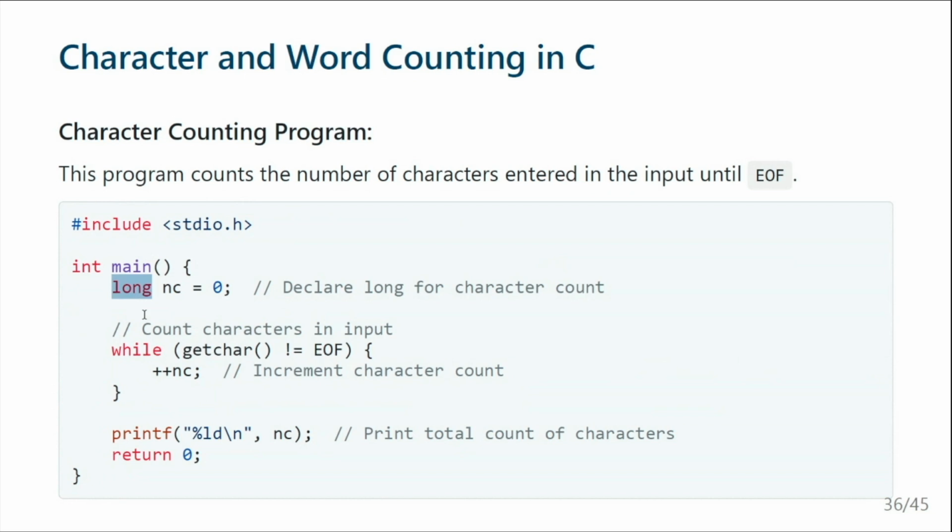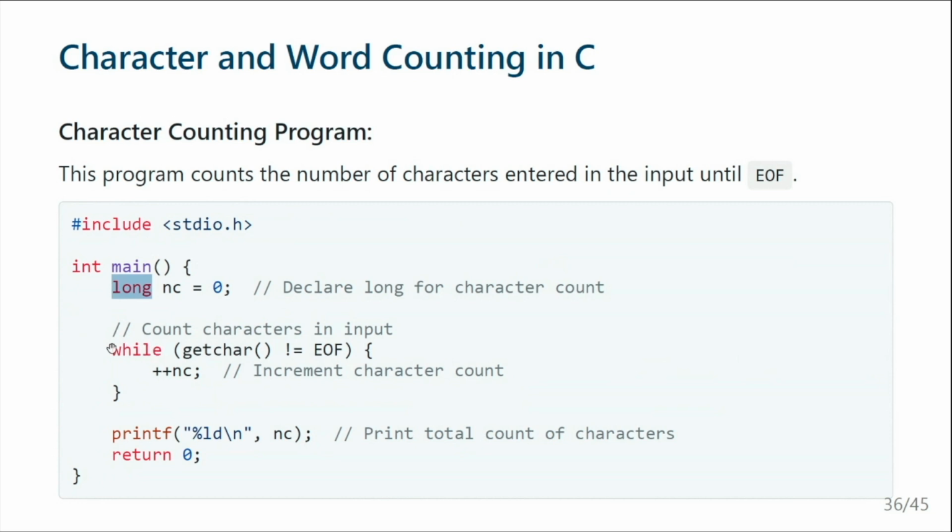Because we're counting maybe a file, which may be a little bit longer, we use a different type. In the old days, you had to be very careful about choosing the variable type. You wanted to choose the smaller one to save memory, but also you didn't want to overflow your number if it's too big. So sometimes it was based on your experience.